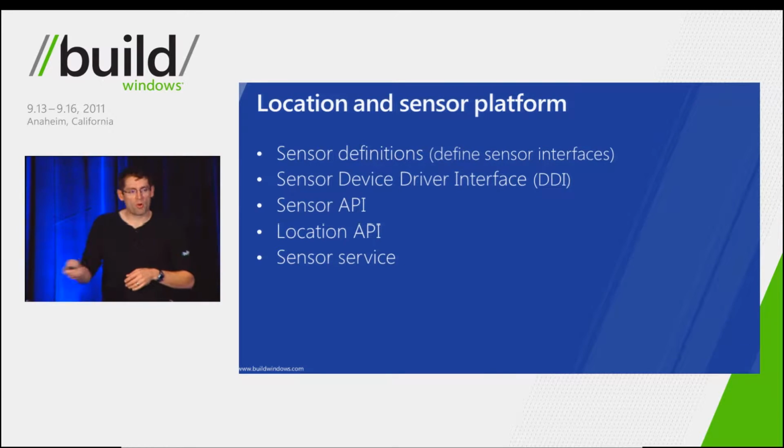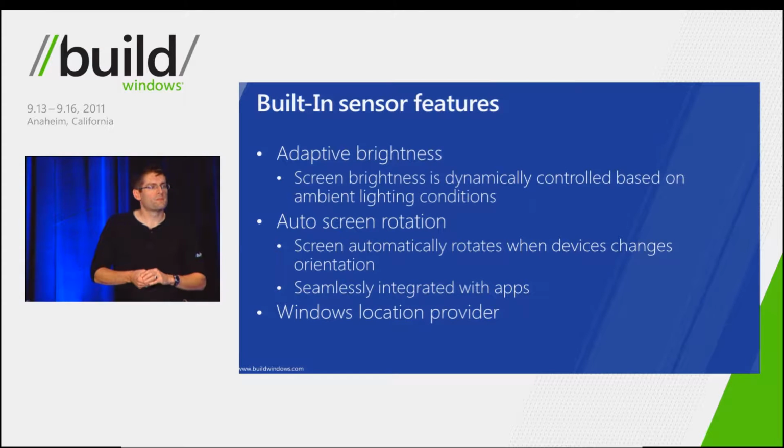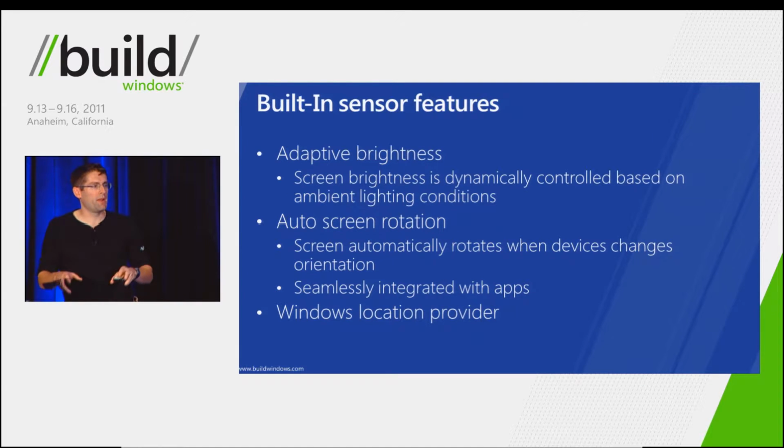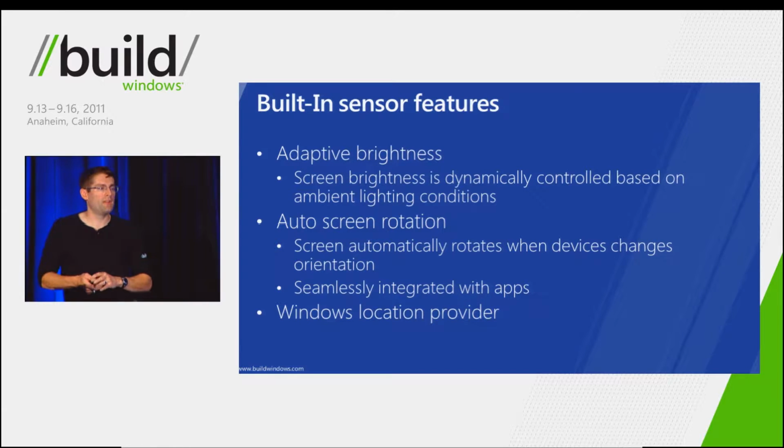So let's talk a little bit more about the built-in sensor features. The first built-in feature that we actually delivered in Windows 7 was adaptive brightness. When you include a built-in ambient light sensor and you have a dimmable, built-in display, which could be a laptop or a slate or even an all-in-one PC, adaptive brightness can automatically tune the brightness level based on different lighting conditions.